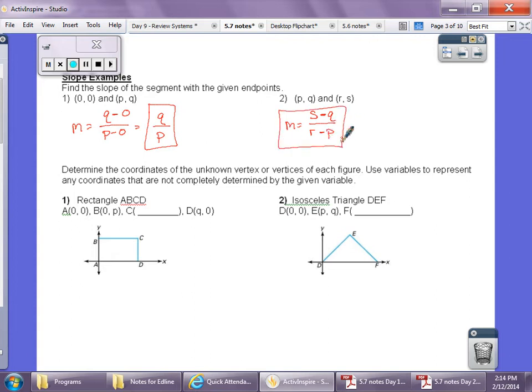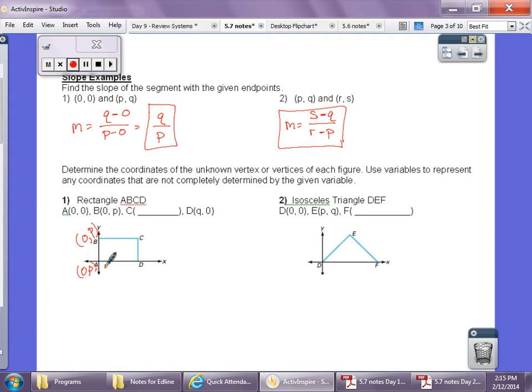So now we can determine the coordinates of an unknown vertex or vertices of our figures. And if we don't know something, we can use a variable to represent the coordinate that's not completely determined by the given variable. If we look at this first one, we know that if A is (0, 0), and B is (0, p), then what's C going to be?